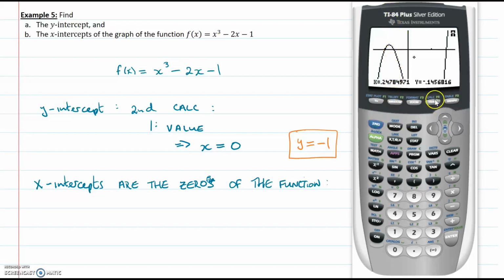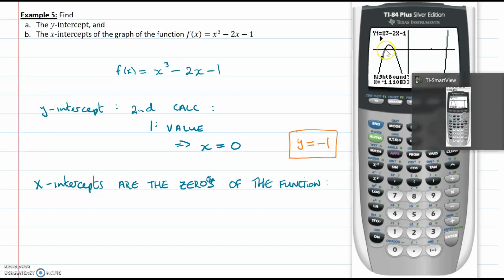So second calc, and we're going to choose 2 for zero. And let's get this one over here first. So we want to move to the left of that. And we can't find our cursor, but if we keep pressing, we will get it. So there it is. And this is the point we're looking for, so we need to make sure we're on the left hand side of it, and we are now, so press enter.